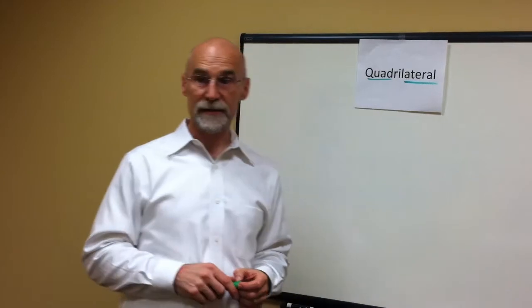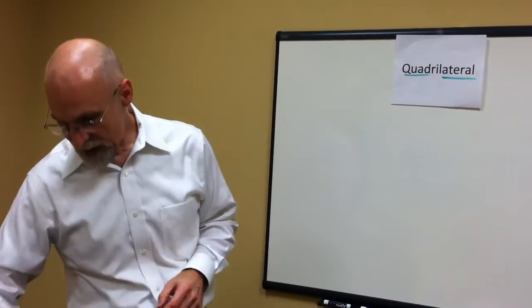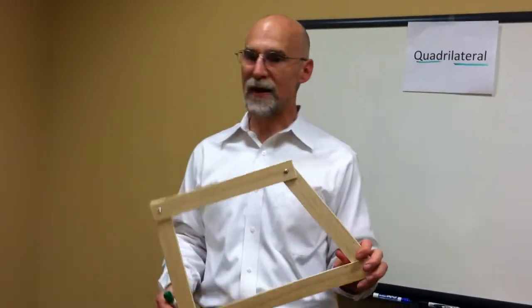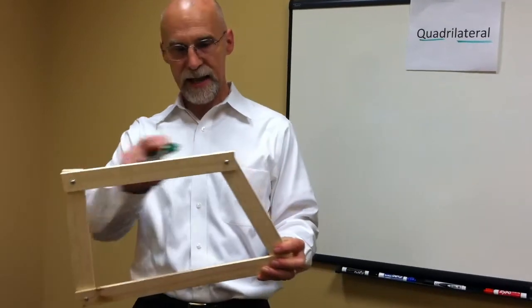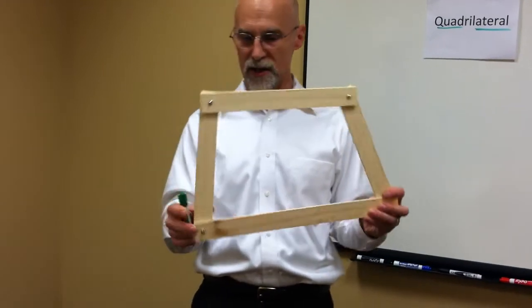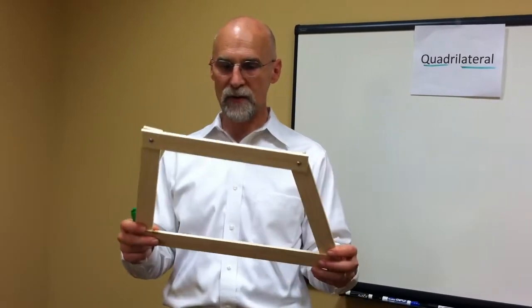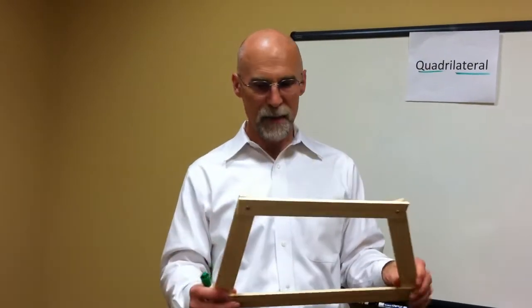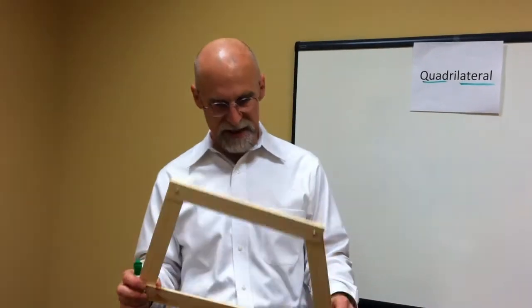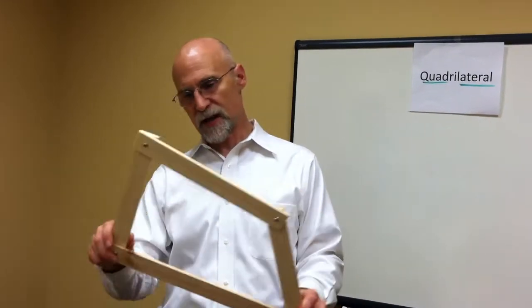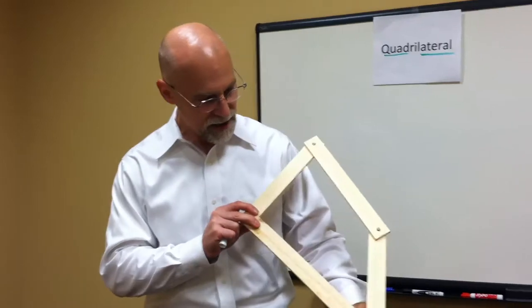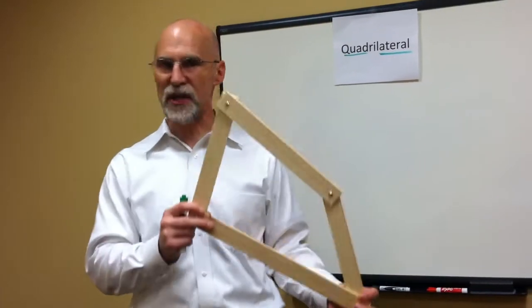So let's get started. Here is a sample of a quadrilateral. It has four line segments forming its sides. They all connect at the ends. And so this is a reasonable quadrilateral. There's not much else that we can say about it specifically, since it's not a particularly specific shape.